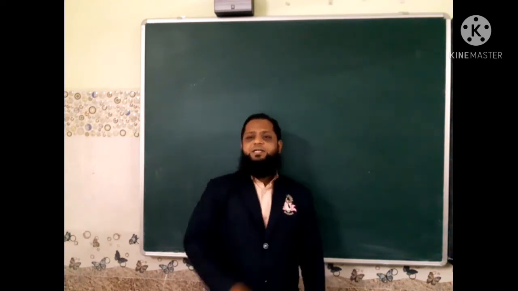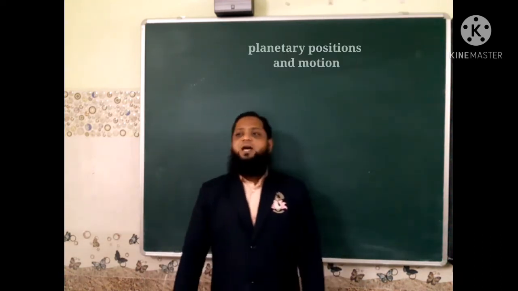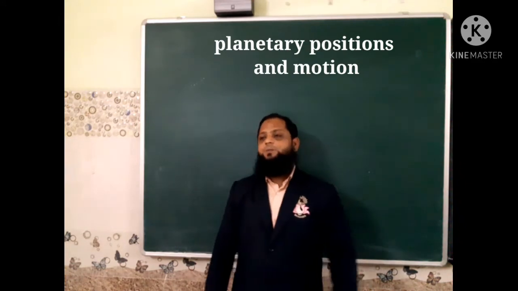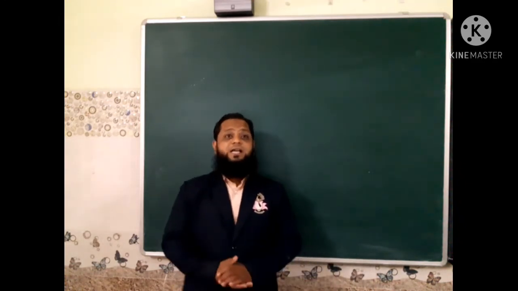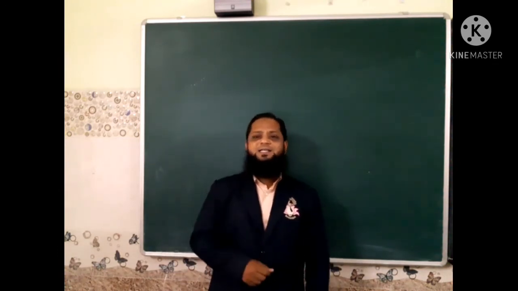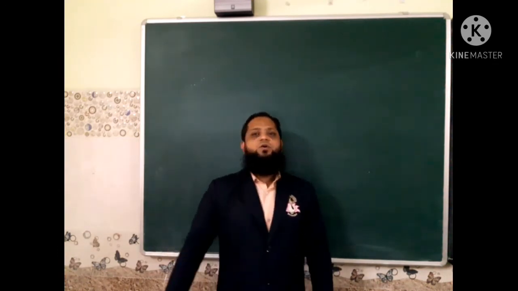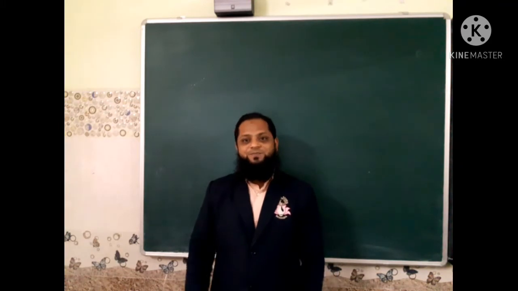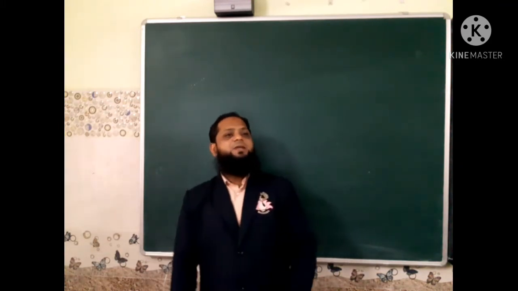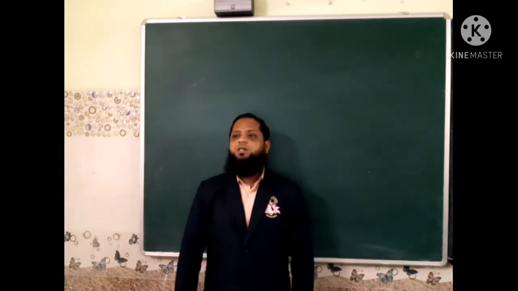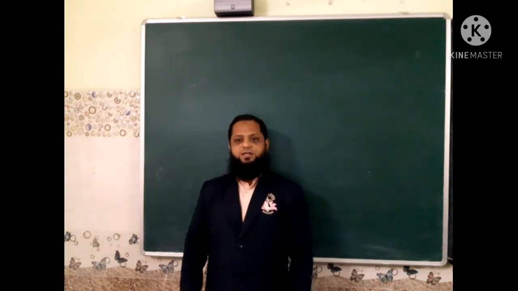Kepler studied the position and the motion of the planets on the basis of the data he collected. He noticed that the motion of the planets follows certain laws. He stated 3 laws describing the planetary motion. Let's see them one by one.